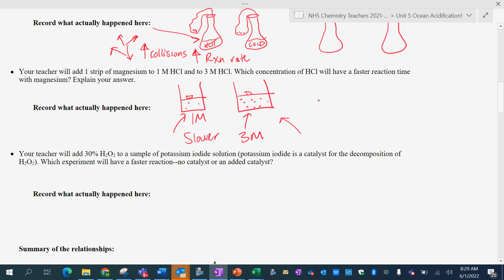The reason why is because there are more HCl molecules to react with the magnesium, there were more collisions, and therefore there was a faster reaction rate.